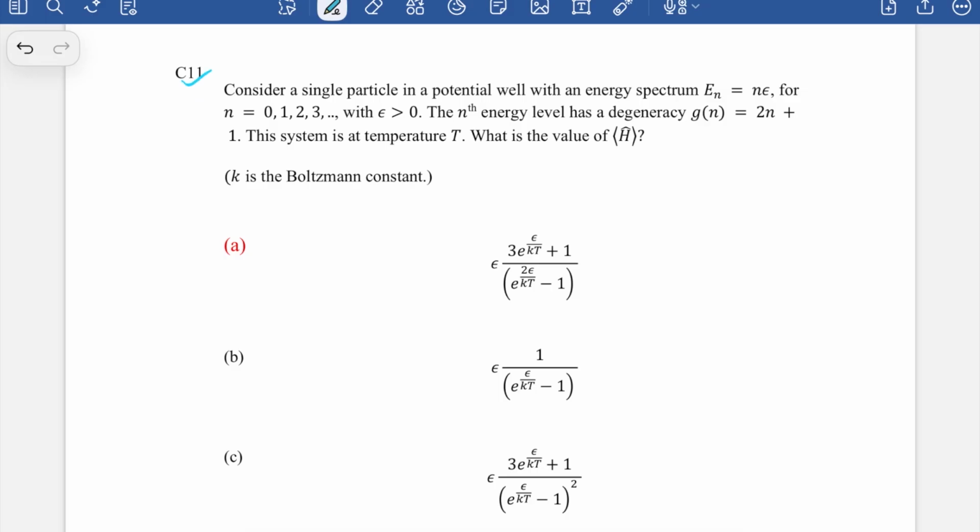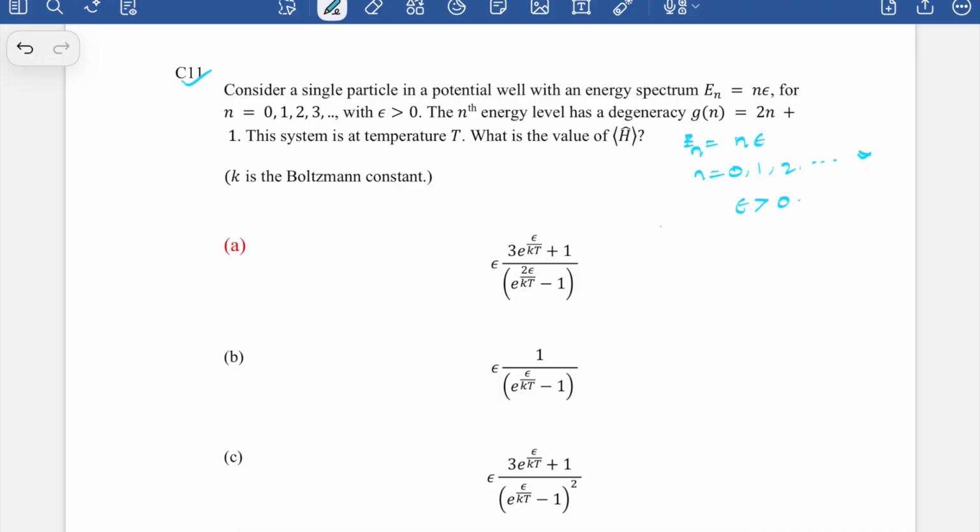Question 11. Consider a single particle in a potential well with energy spectrum En equal to n epsilon, for n equal to 0, 1, 2, 3 up to infinity, with epsilon greater than 0.